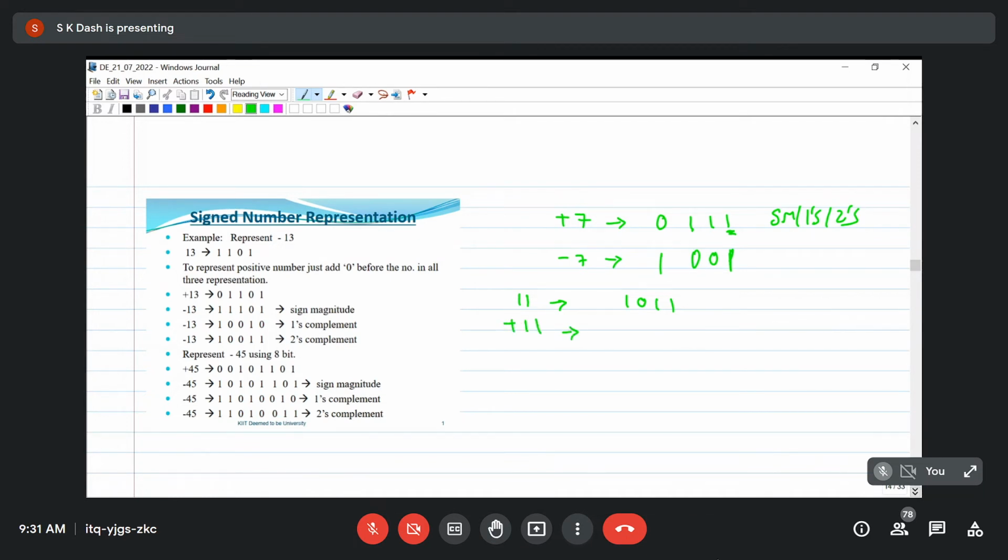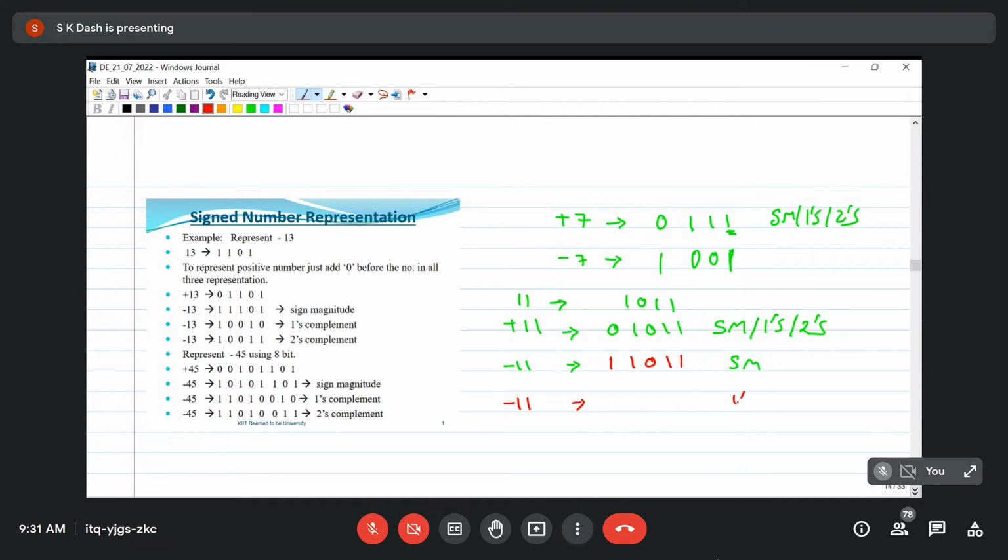Plus 11 will be 01011. This remains the same for sign magnitude, 1's complement, and 2's complement. Now, what will be minus 11 in sign magnitude? 11011. Just the 0 will be changed to 1, and the others remain the same.